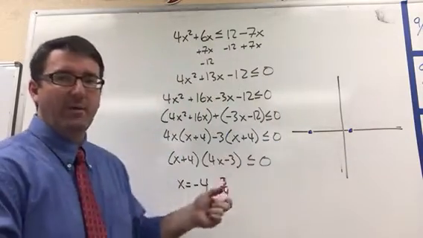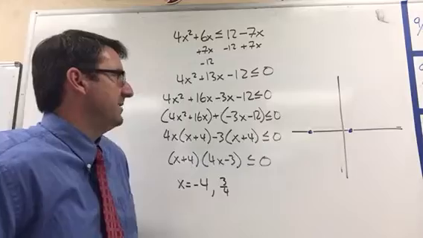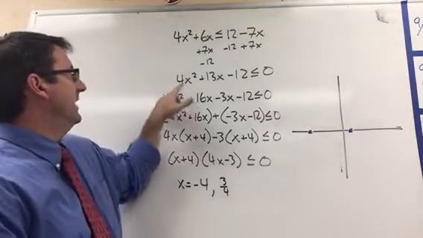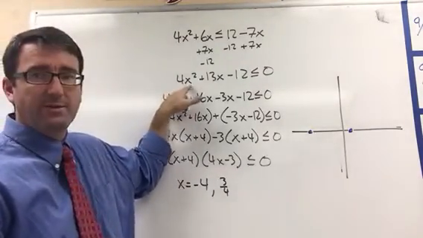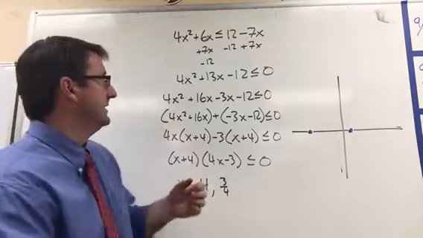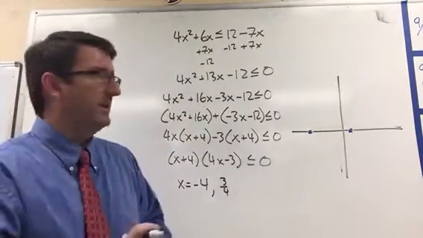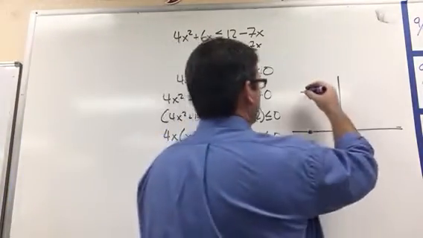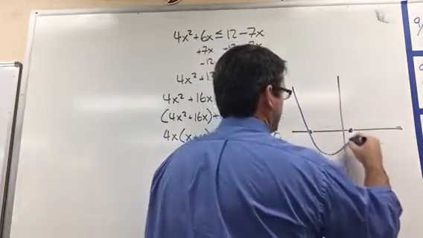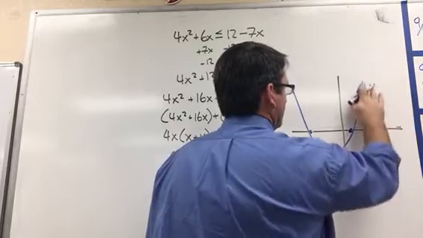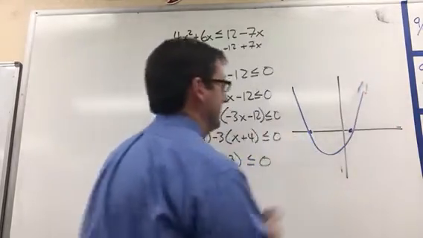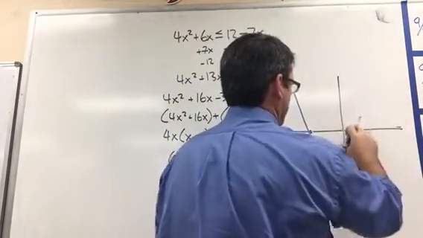And now we need to think about what type of shape this graph is going to have. Notice that it's a quadratic, so it's going to be a parabola. And the leading term is positive, and so it's going to be opening up. So we know it's going to be shaped something like this. That wasn't a great job of drawing there.